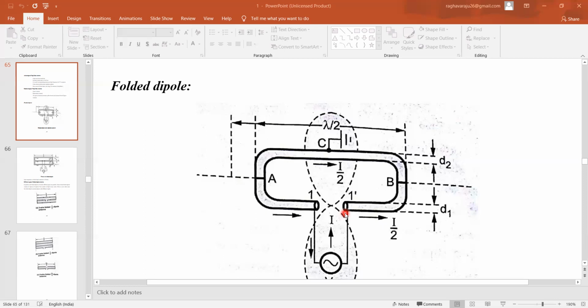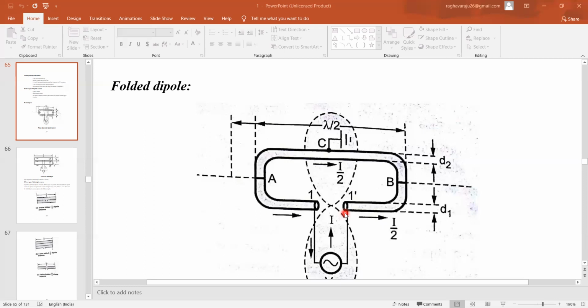A, B are the cross-sectional view of the folded dipole. Both ends are measured along the thin dipole such that their dimensions are located along the two radii of your regular dipole.